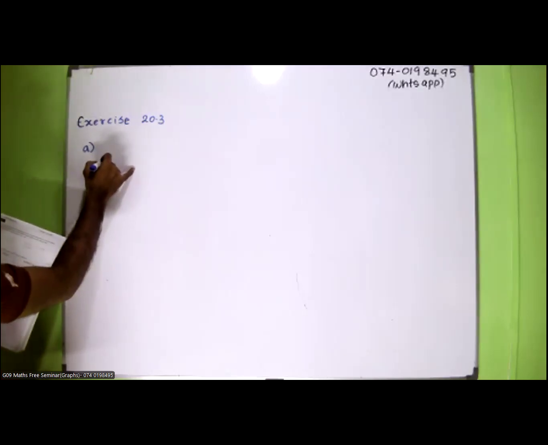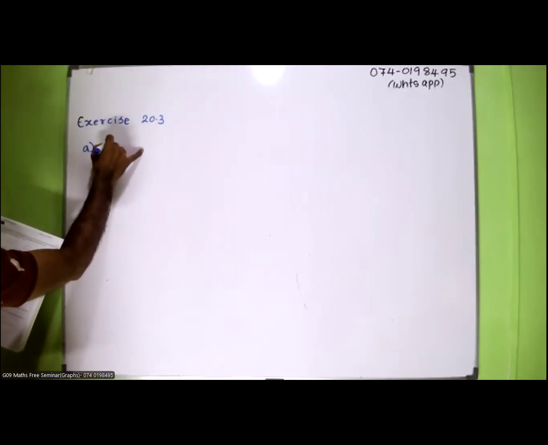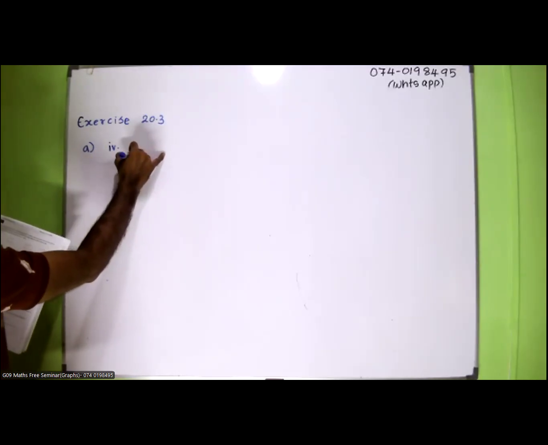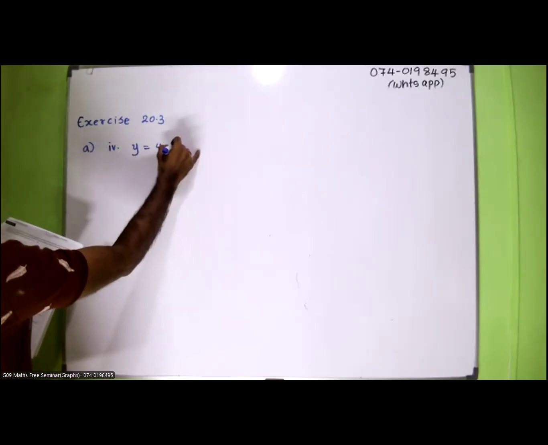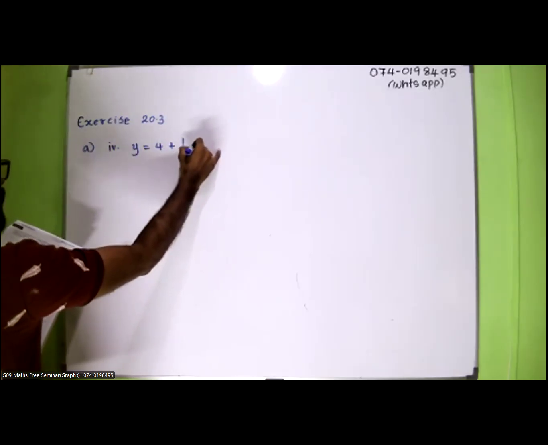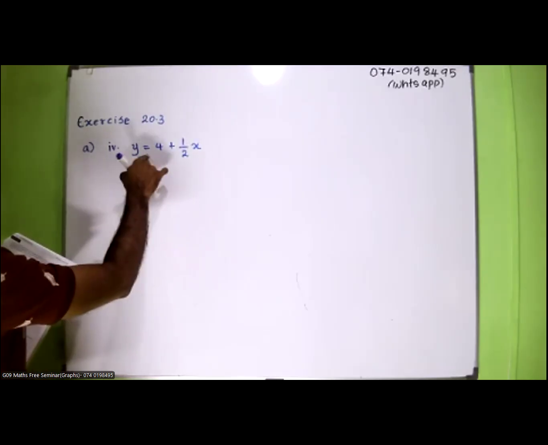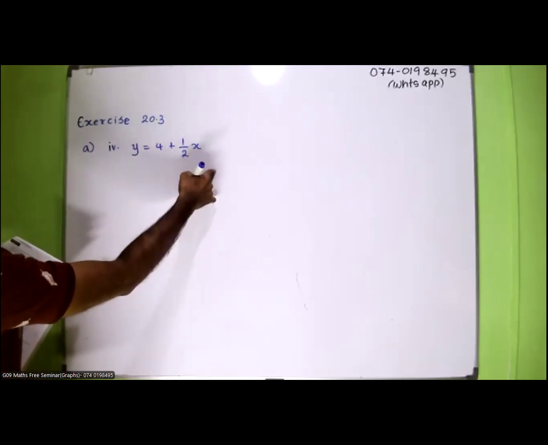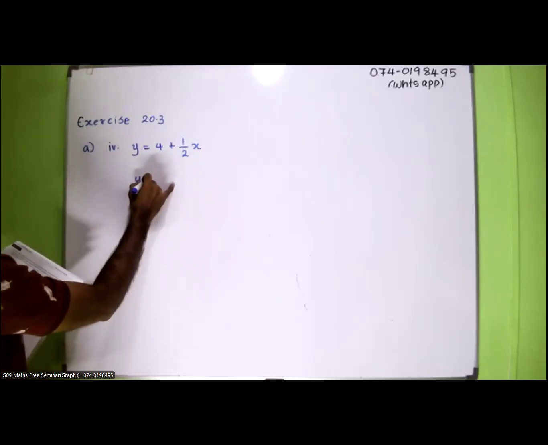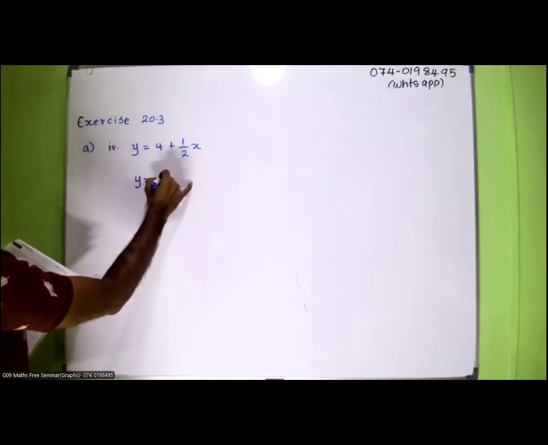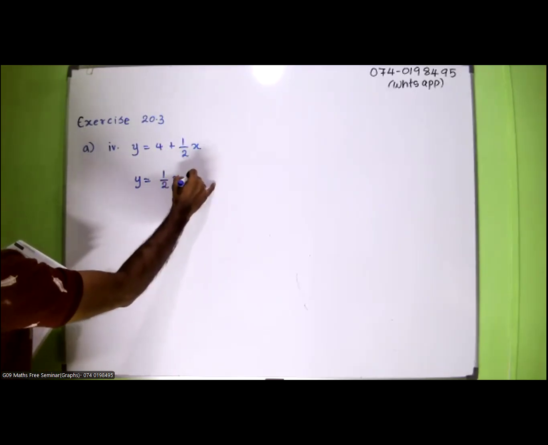I will take the fourth one, which is y equals 4 plus 1 upon 2x. This is not in the form of y equals mx plus c, so I will rearrange it. Here, half x plus 4.